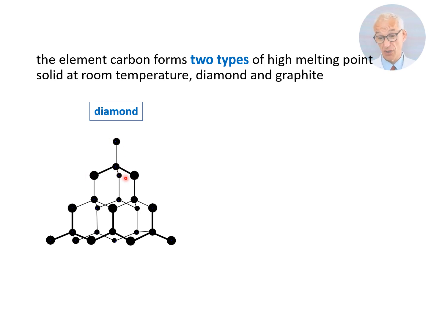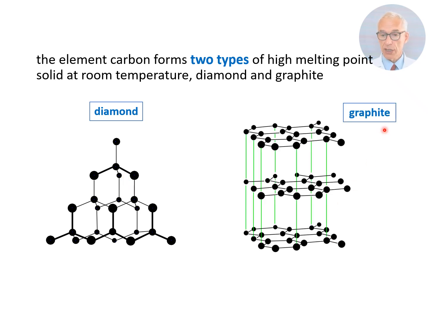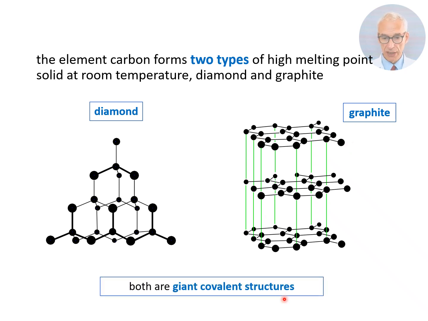So it's called a tetrahedral arrangement. You are expected to recognize this structure as being graphite. So we have carbon atoms, and we will go through it in more detail in a future slide, in layers. Both of these are giant covalent structures. Diamond shows typical properties, graphite has some atypical properties.